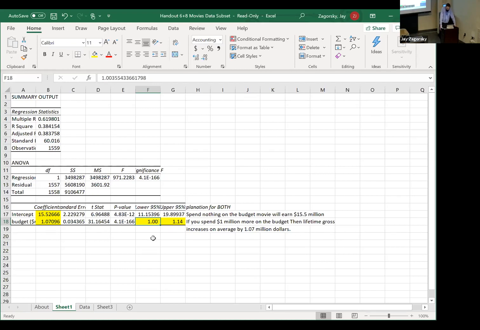The movie 50 First Dates had a budget of $75 million and made a lifetime gross of $120 million. What is the error residual for this observation? Oh, sorry, we missed one. Predict the lifetime gross of a movie with a $75 million budget.